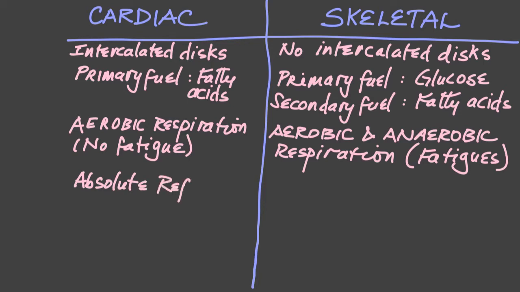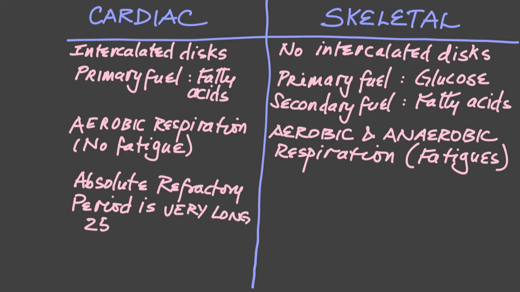The cardiac muscle also cannot afford to go into tetanus. It cannot cramp. The reason is that it has a very long absolute refractory period, which is about 250 milliseconds. This allows the heart muscle to contract and relax.